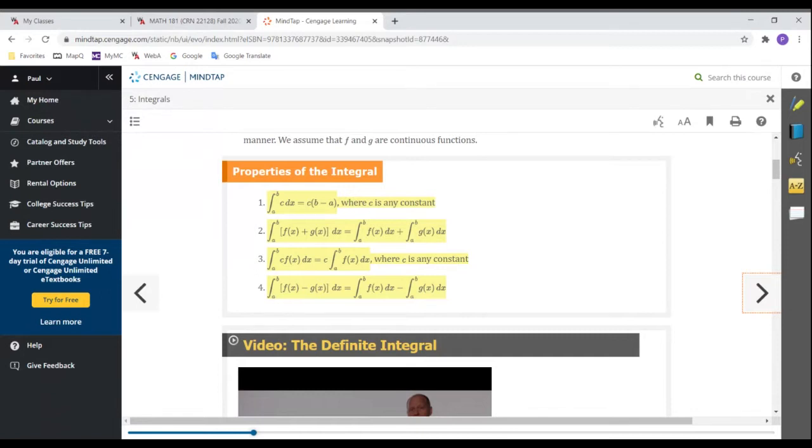How many find it helpful to see the properties of the summations, and then that makes you feel comfortable with the properties of the integrals?